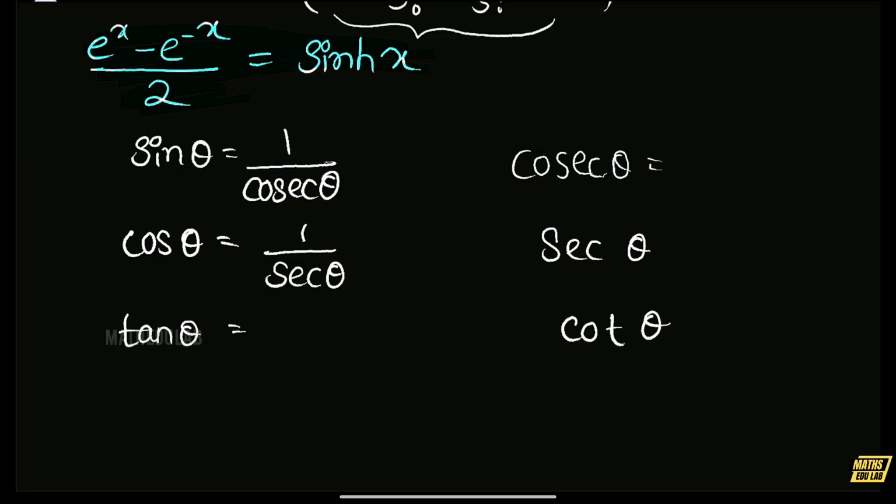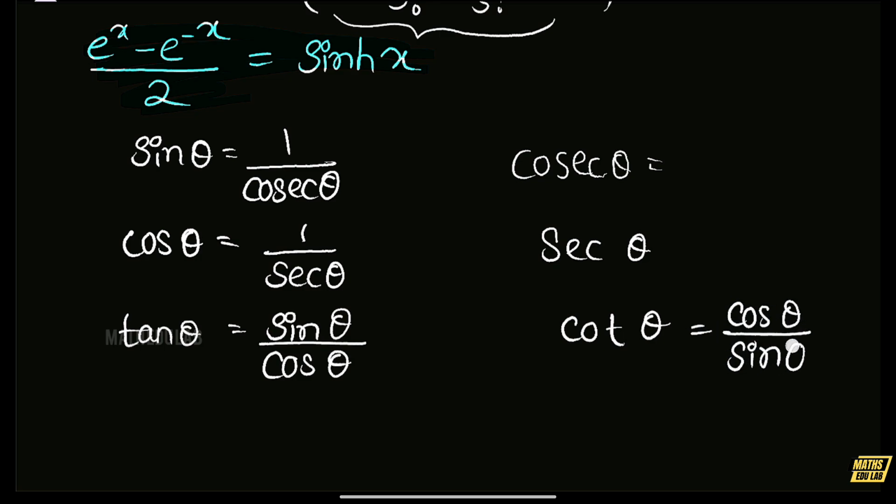Otherwise, we also have the formula sine theta by cos theta for tan, and cos theta by sine theta for cot. Since we have already formulated the formulas for cos and sine, we take the tan theta value like this, and for sec theta 1 by cos theta, and this is for 1 by sine theta. We already found the values for sine and cos.